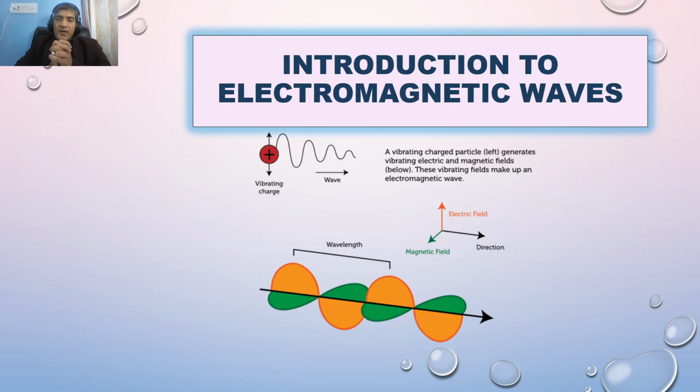So basically a charged particle, whether it is an electron or a proton, doesn't matter. A vibrating charged particle generates vibrating electric and magnetic fields, and these vibrating fields make up an electromagnetic wave. The green arrow shows the direction of the magnetic field, the red arrow the electric field, and the black arrow the direction of propagation.